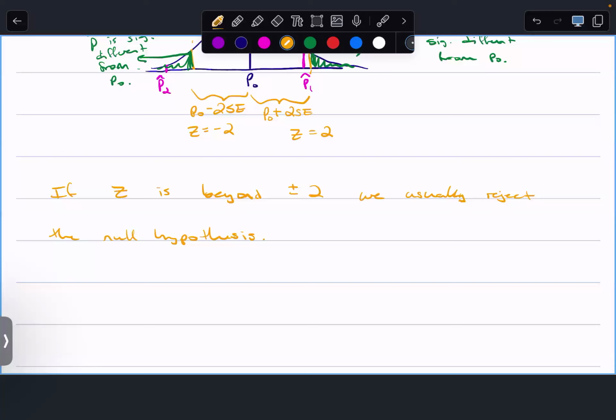If you're going to reject it, you should probably have an alternative hypothesis lined up, and we will, right? But we're just establishing the overall idea.